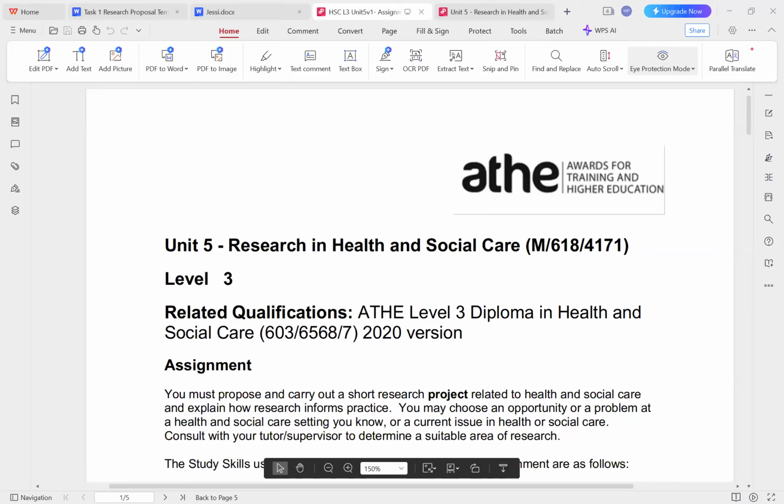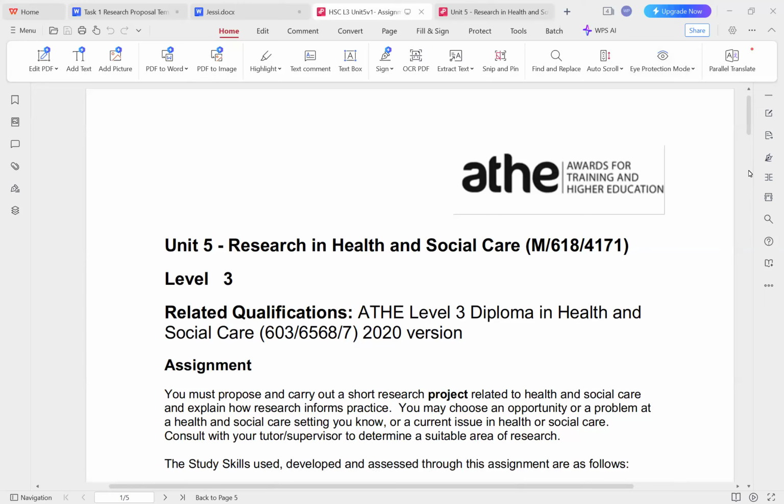Just send 2 paragraphs on what you're doing, your brief aim and objectives of your research. Why you want to do it, and how does this align with your own practice? So just a few bits about that. This assignment has been discussed previously with you in this session.